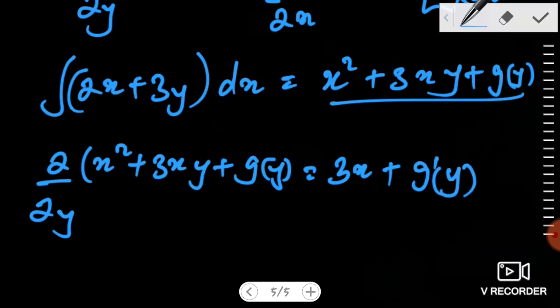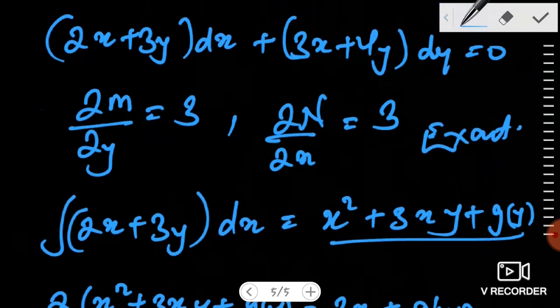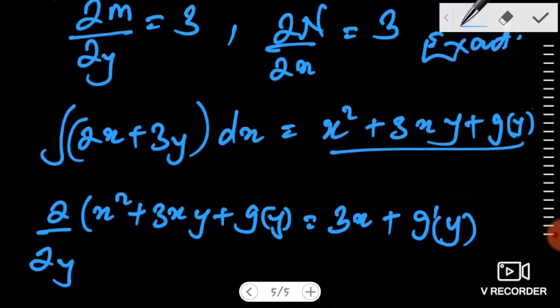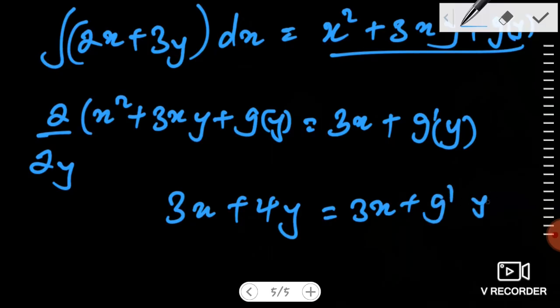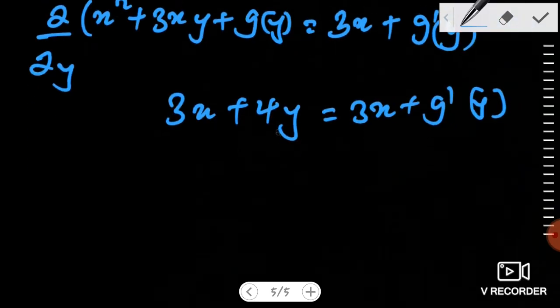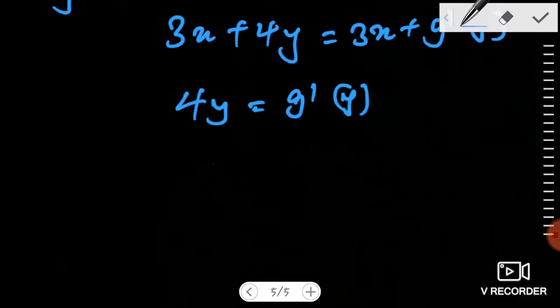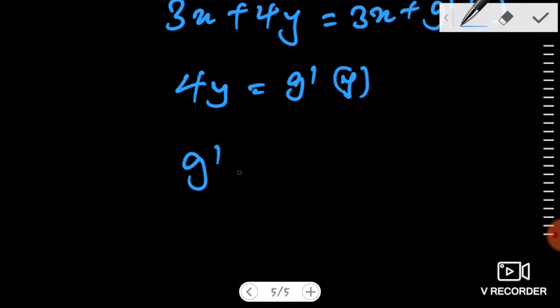Now, you compare this to N, right? Of which our N, we had here 3x plus 4y, which will be equal to 3x plus g prime of y, right? Now, if we compare these two, we find out that 4y will be equal to g prime of y, right?